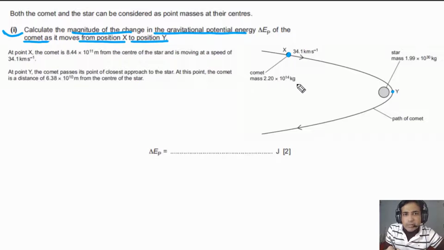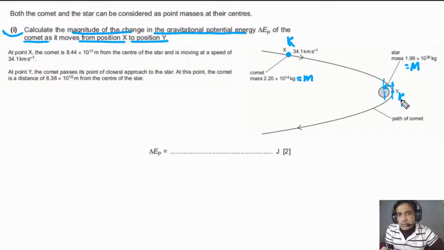So first of all, we can label the mass of the comet small m, and the mass of the star capital M. And we can also label the distance of this comet from the center of this star. Let's say this distance is Rx, and the distance of the comet from the center of the star at this point, let's say this distance is Ry. So we can label this is Ry.